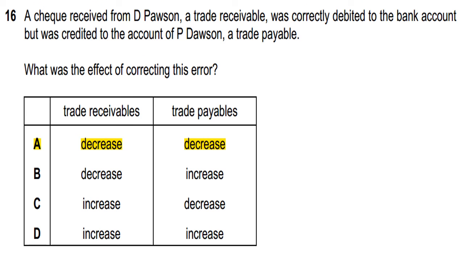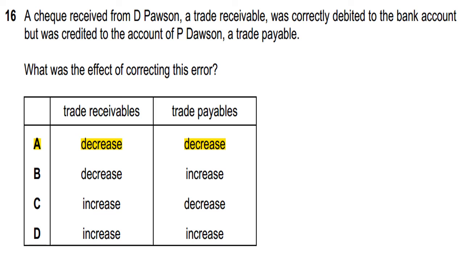And next is 16, a check received from D. Dawson, a trade receivable, was correctly debited to the bank account but was credited to the account of P. Dawson, a trade payable. What was the effect of correcting this error?